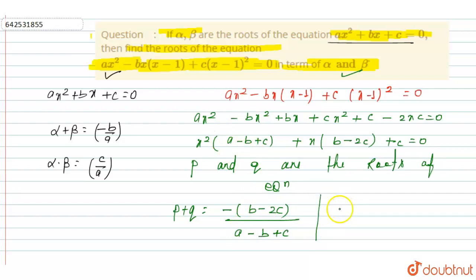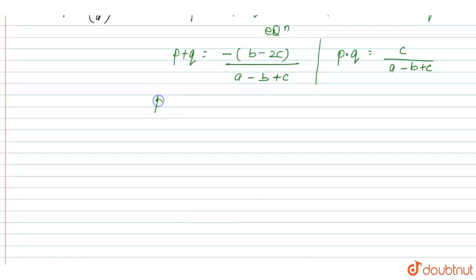Similarly, p into q is equal to c by a, the value of c is c, and the value of a is a minus b plus c. Then p plus q is equal to 2c minus b upon a minus b plus c.